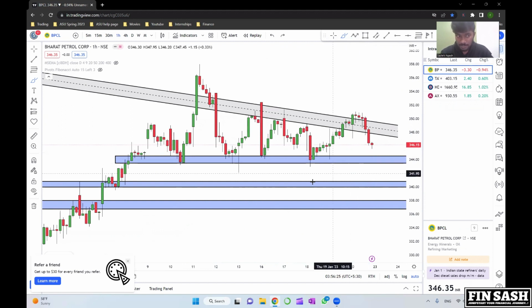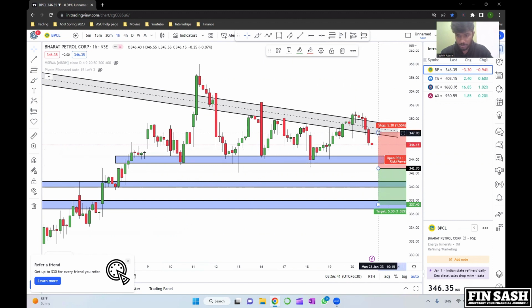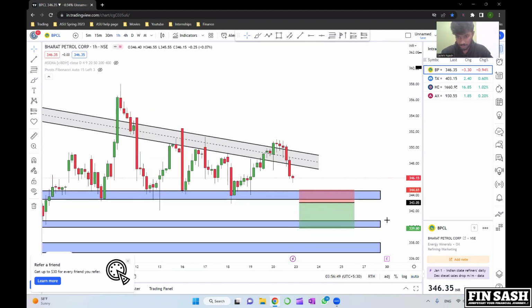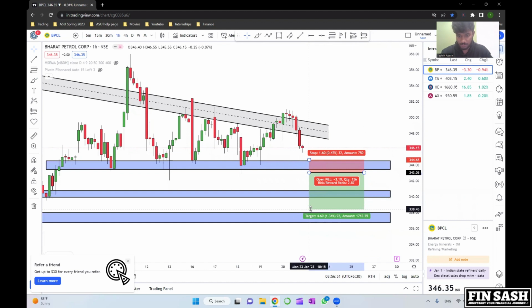So in case BPCL on a 15-minute time frame closes below this level, so if it gives me a red candle somewhere here, I'll take a short position. My first target would be this, which is a 1:2 risk to reward, and my second target would be this, right?